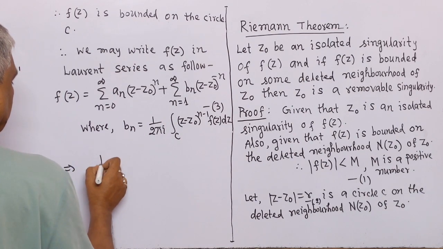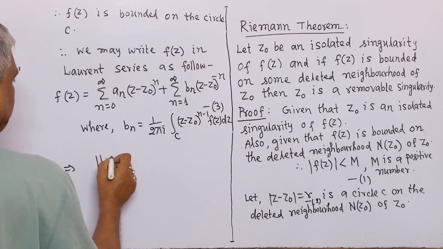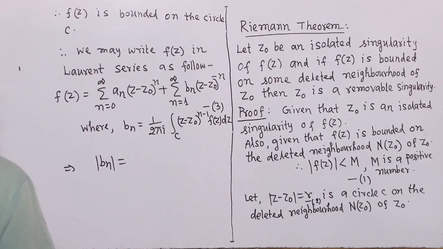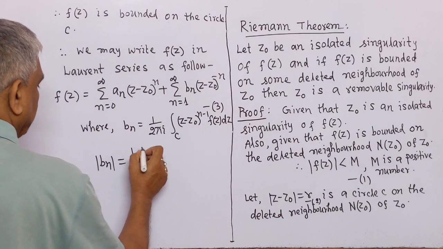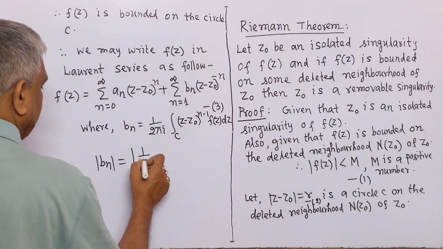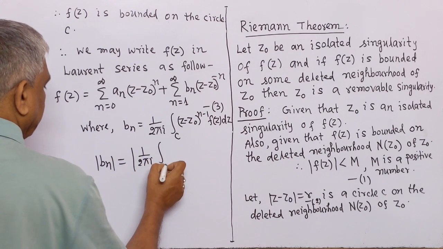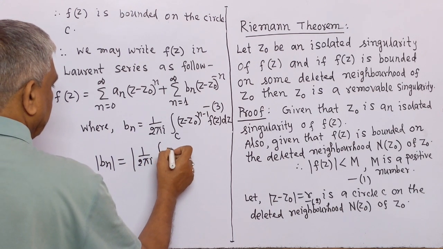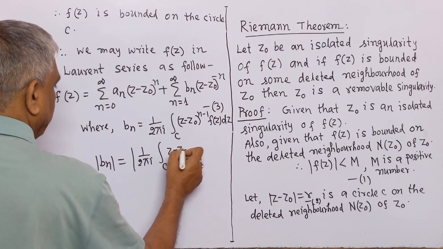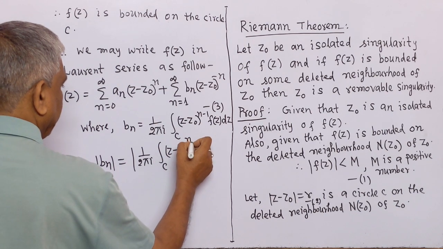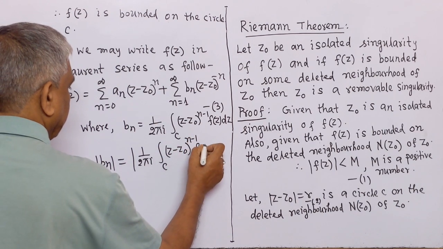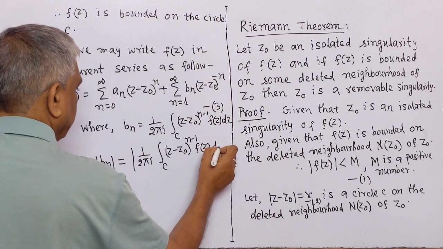implies that modulus of b_n equal to modulus of 1 by 2 pi i integration along the curve C (z minus z naught) whole to the power n minus 1 f(z) dz.